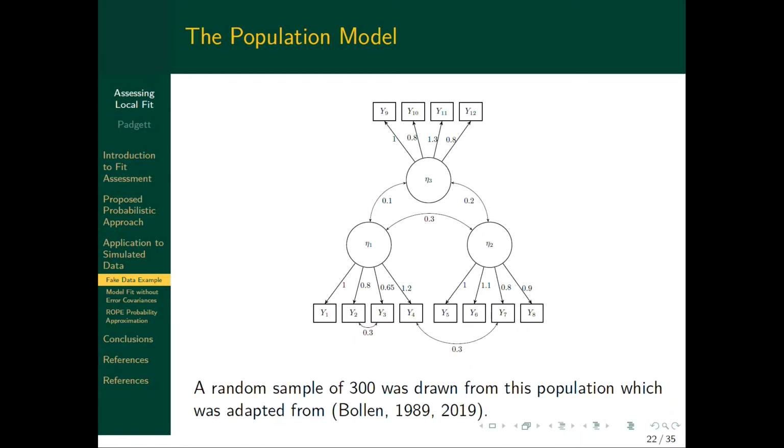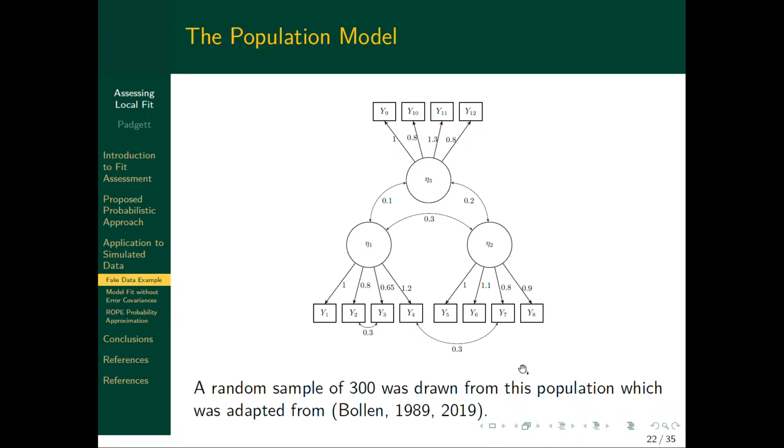So to start, I took a random sample of 300 from this population, which is taken from Boland's book and one of his more recent papers, to try to get at just a simple three-factor model, nothing too complicated.